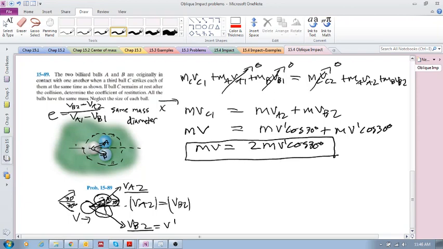Alright, so we've got that, but we're still looking for the coefficient of restitution. So remember, the coefficient of restitution is between two particles that are colliding.